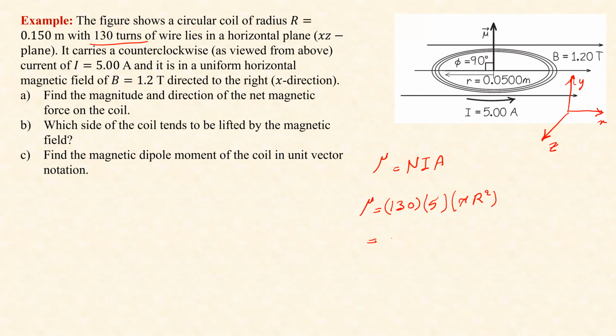So this will be 650, right? Yeah, 650 times pi times 0.15 squared.